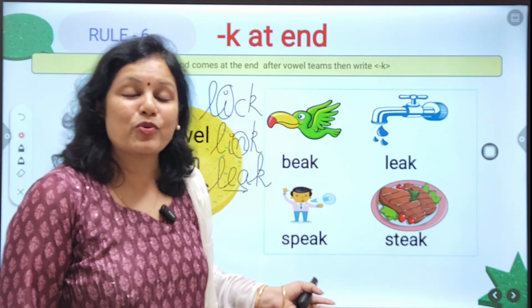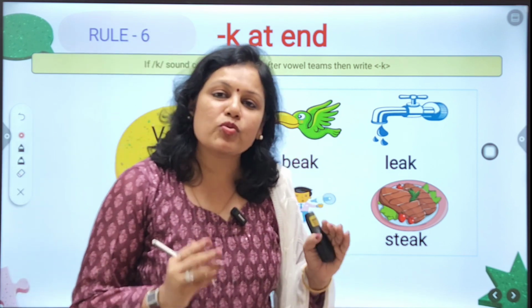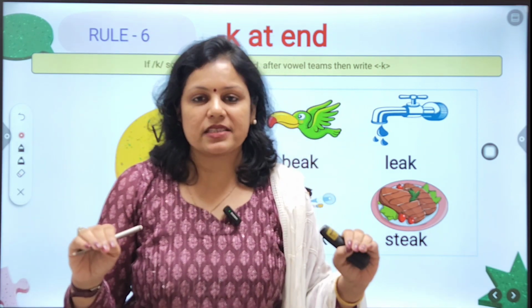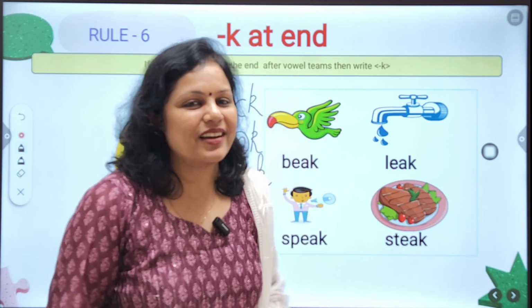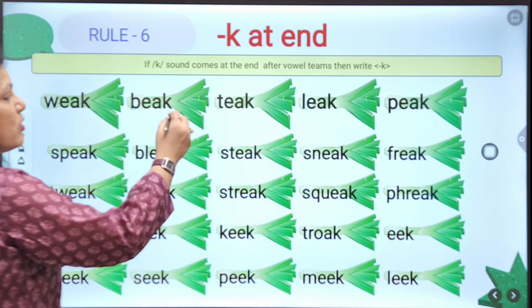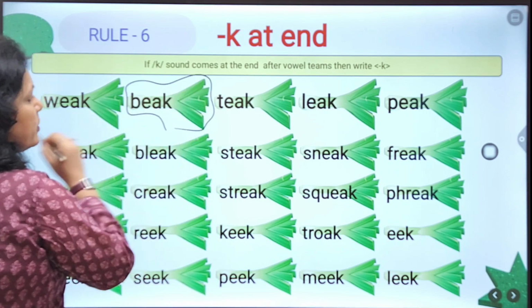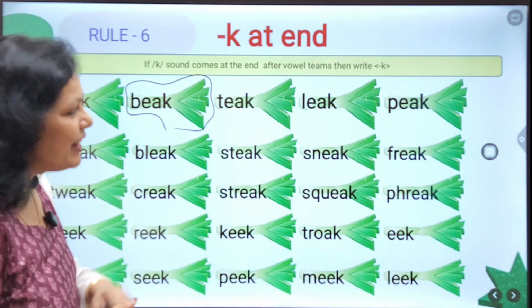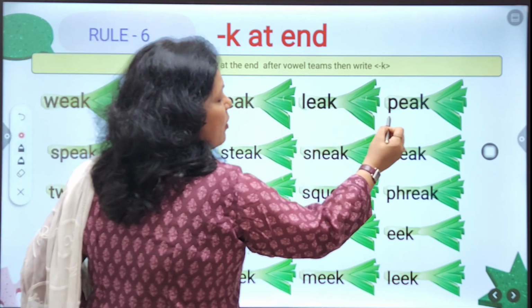So I hope the rule is clear to you. Although the rule is slightly confusing, the rule has a proper base. Please learn it and give it to the children. Let us see a few words again here. I have taken the leeks. This sort of vegetable is known as a leek. That is why I have taken the examples of leek. Read the words now.